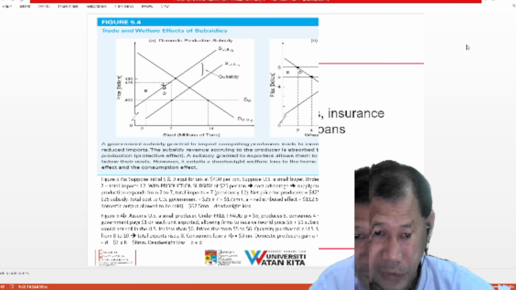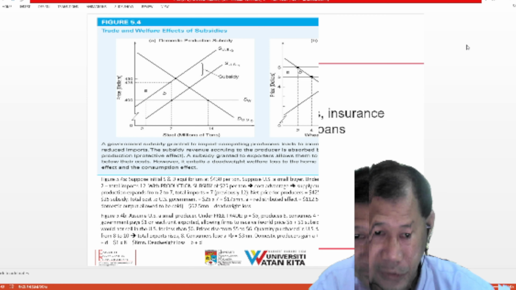A, consumer lost it, but goes to producers. So A is redistributive effect, B is protective effect, and it is also a dead weight loss. B, the area B. Now this is with subsidy.